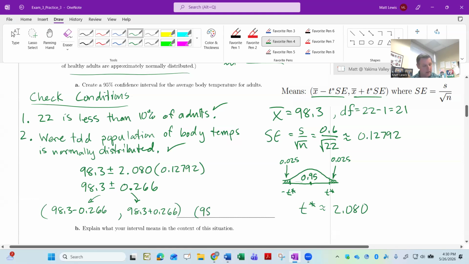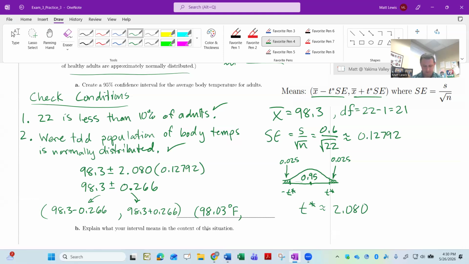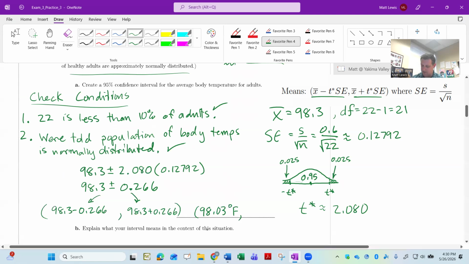So I end up with 98.03 degrees Fahrenheit up to, let's see, 98.3 plus 0.266, so 98.57 degrees Fahrenheit. So that's our 95% confidence interval.